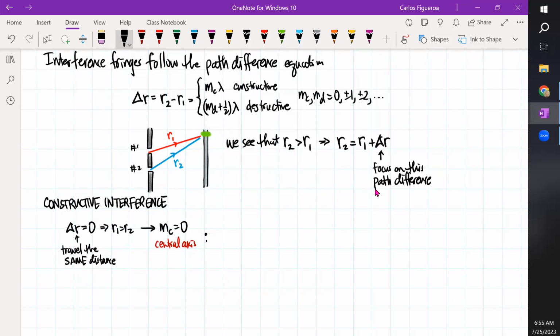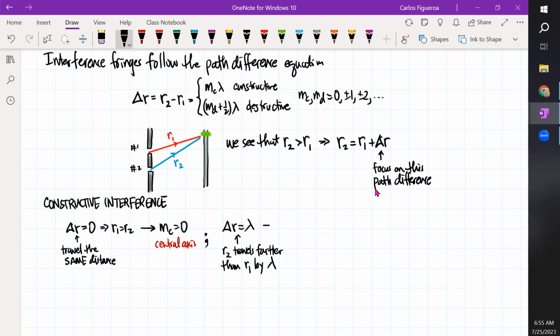And so this guy will then be located at the central axis. Now let's look at the next one. If delta R is equal to lambda, then we clearly see here that R2 travels farther than R1 by lambda.